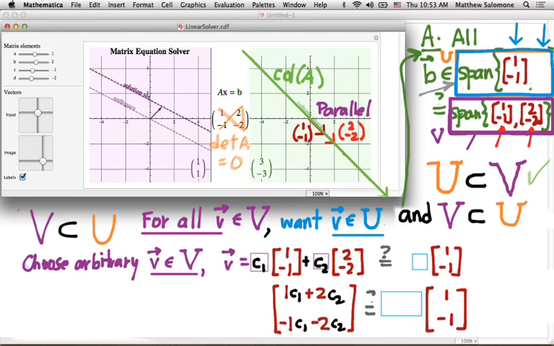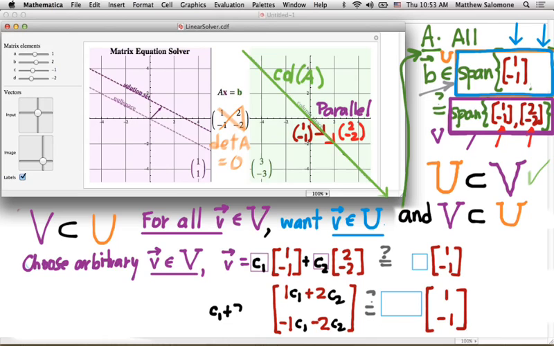Take a look at this vector on the left-hand side. What's the relationship between its first coordinate and its second coordinate? Well, the second is the opposite of the first. So let's cancel out, well, kind of. Instead of cancel, though, I would say factor. Let's factor out C1 plus 2C2 out of this vector.